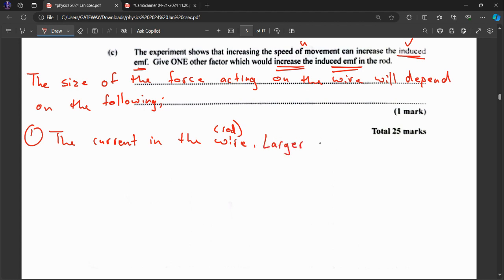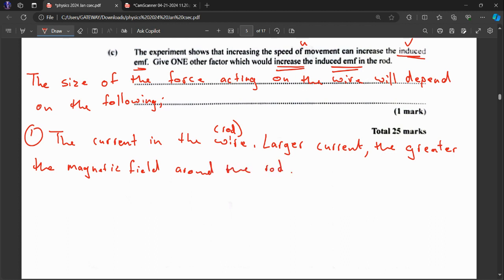So you could say: larger current, the greater the magnetic field around the rod, and the greater the interaction with the magnetic field from the permanent magnets.